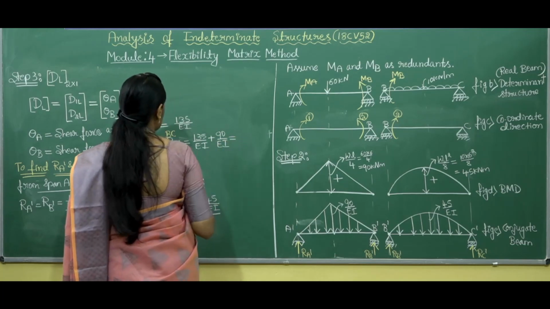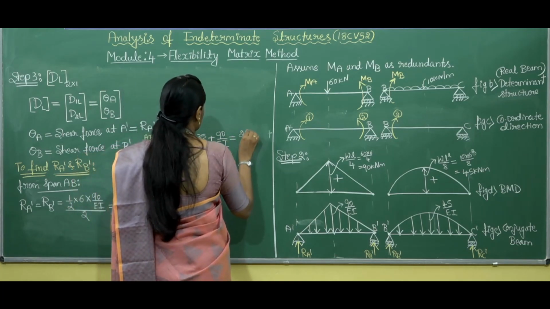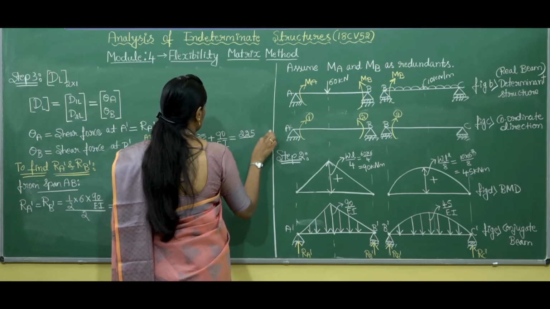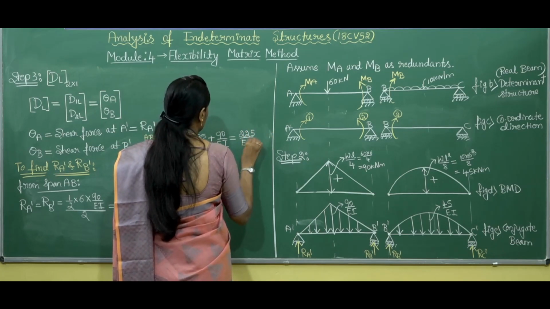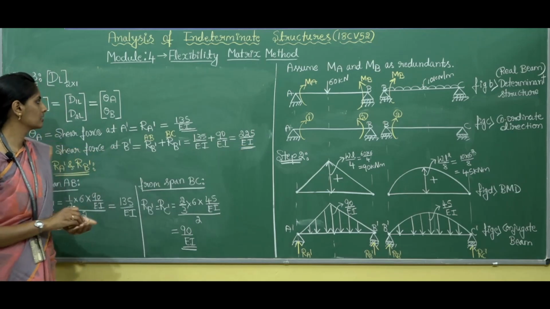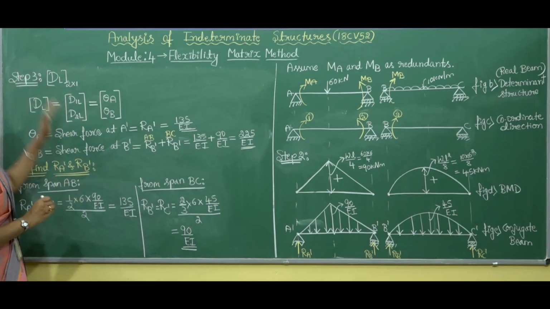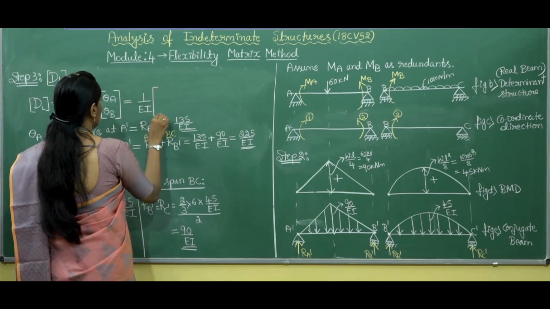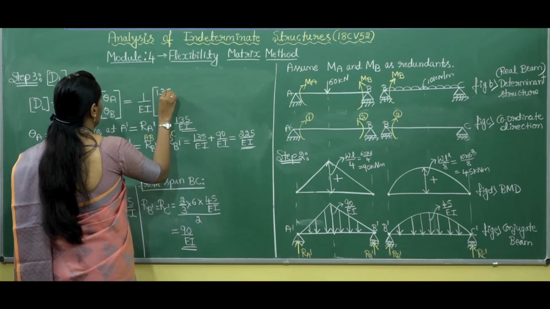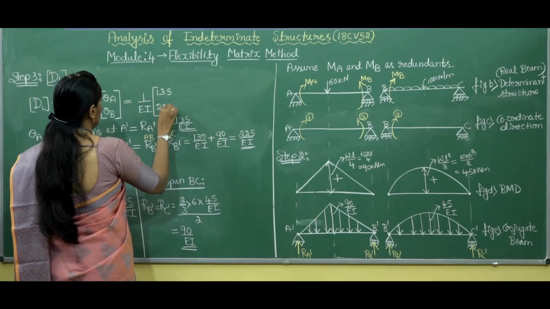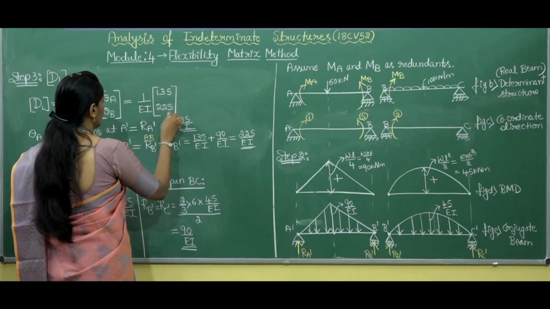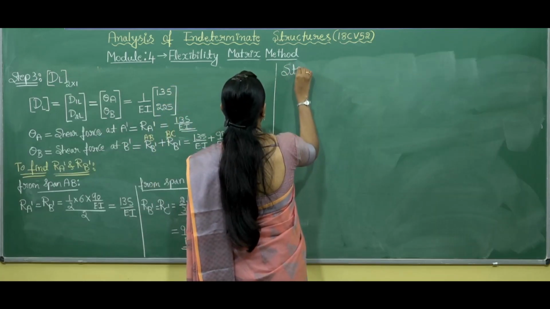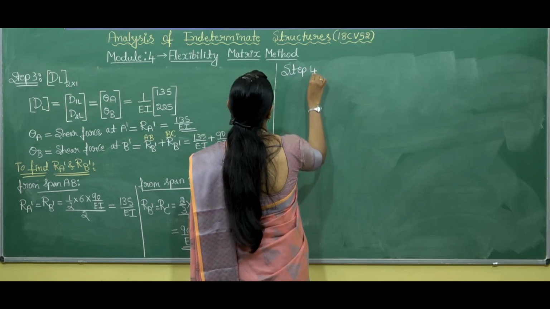So by solving this equation, we'll get the final answer for theta B as 225 by EI. So thus we got the DL matrix. If we take out 1 by EI outside, theta A will be 135 and theta B will be 225. Next we have step number 4.